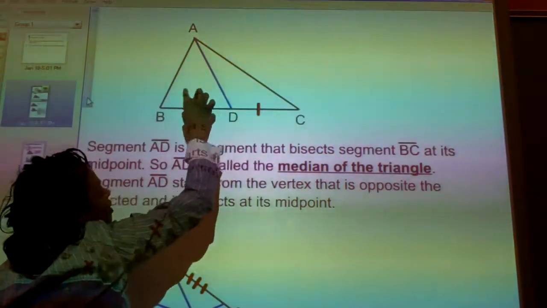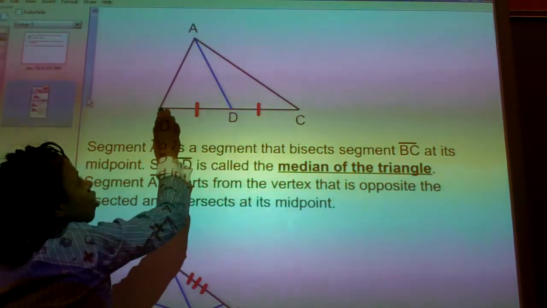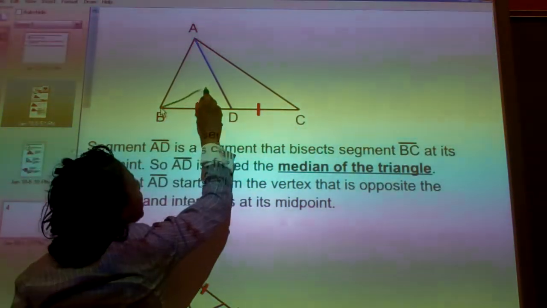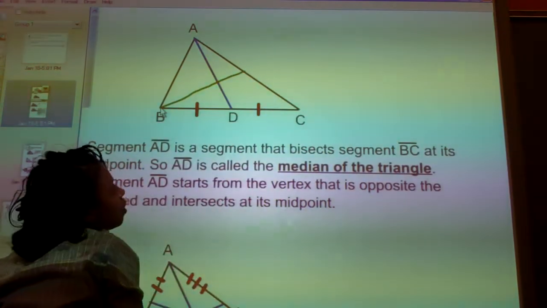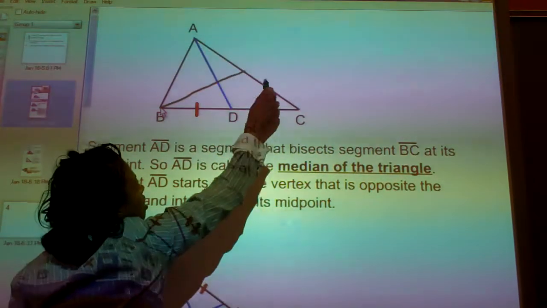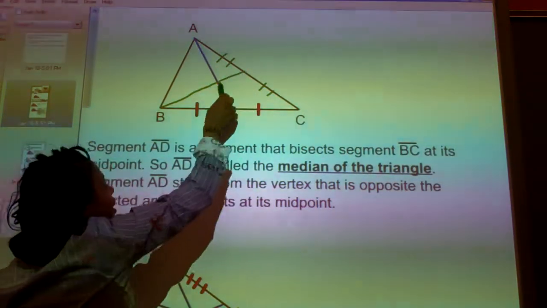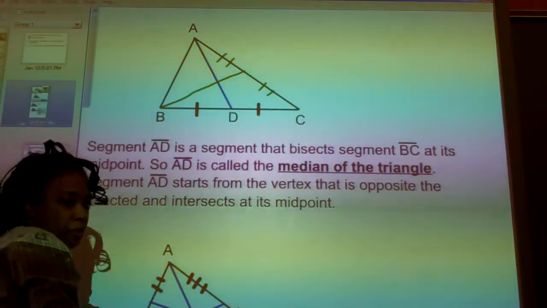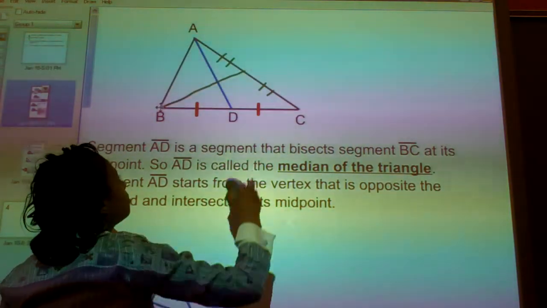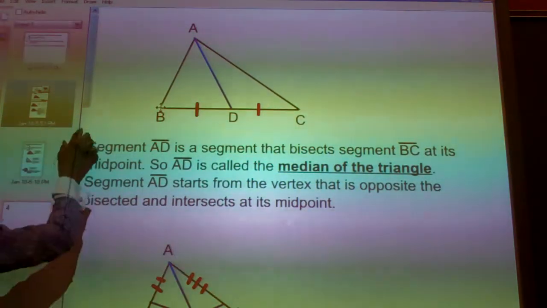Well, the angle opposite is angle B. So I have to start at angle B, and it must be at the midpoint of line segment AC so that it divides AC exactly in half, and again, it comes from the opposite vertex B. So let's look further. That's how you construct the median of a triangle.